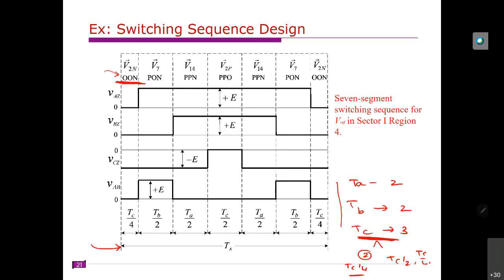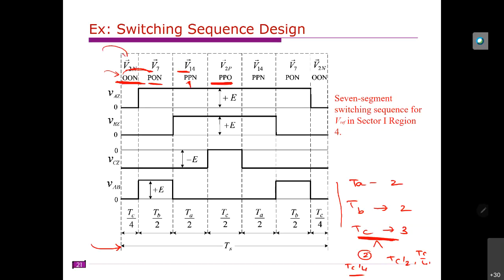Therefore, if you want to have only one transition, we can choose V7, so that this is P0N. That means we need to change only this 0 to P here. And next we choose V14. Again, there is a change in the middle one, and this is PP0 we selected.